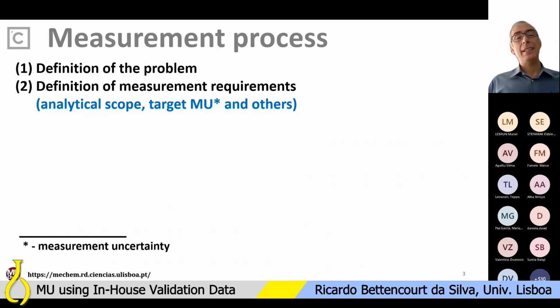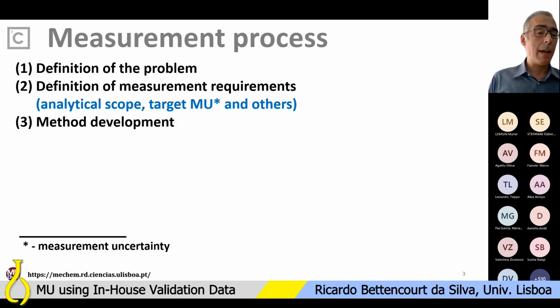So you have to define the analytical scope regarding the analyte concentration and type of matrices, and then typically you have to define a maximum admissible uncertainty, a target uncertainty, as a relevant requirement for your measurements. And typically you can add additional requirements like the cost of analysis.